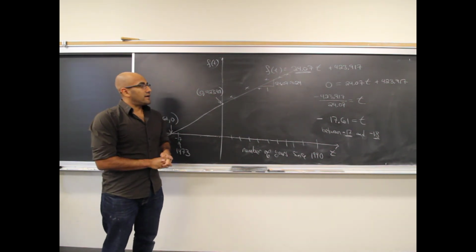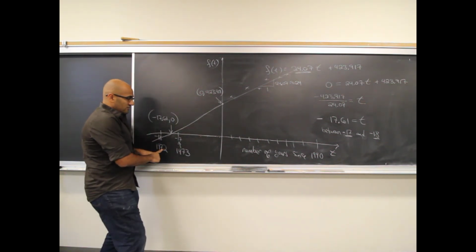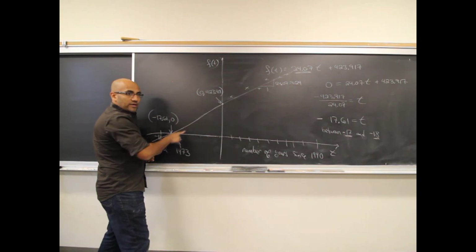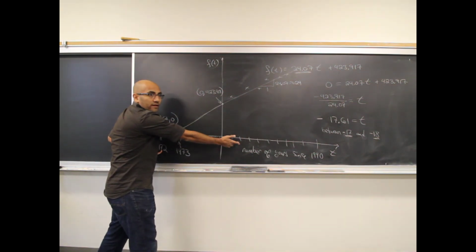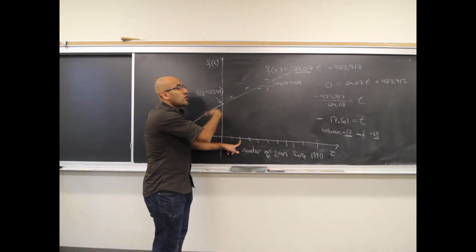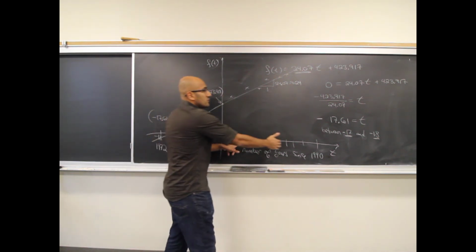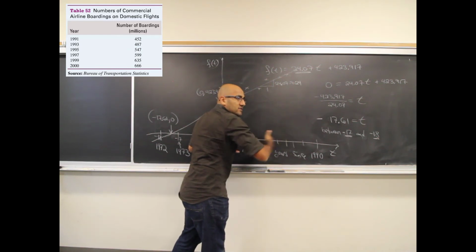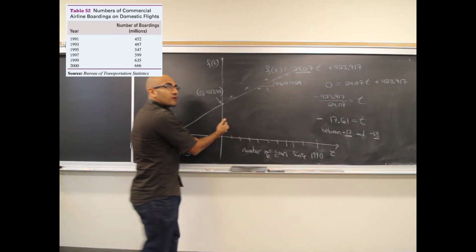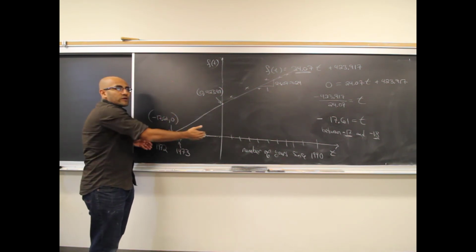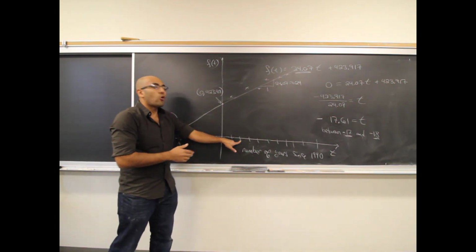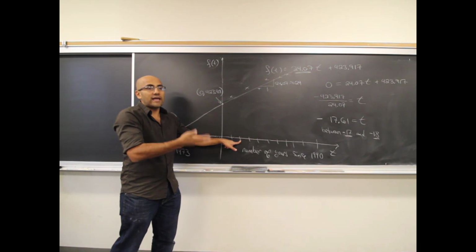Because there's a ginormous gap between this year and the first known data point. The real known data points are in the 90s, and now we're doing extrapolation. We're trying to use our model to go really far back before the last real known data point.